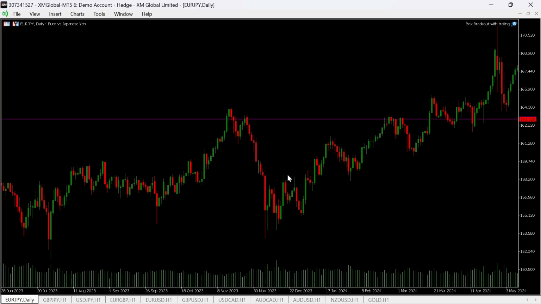So this is a Euro JPY daily chart, and I have seen almost all three types of trends in this same chart: the consolidation or sideways trend, the uptrend, and the downtrend. So I'm going to show you how to identify them and some more properties which I did not speak about in the previous video.